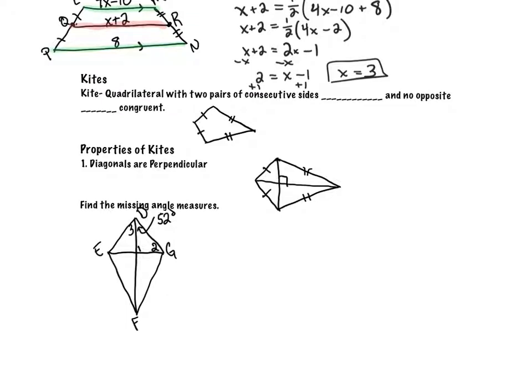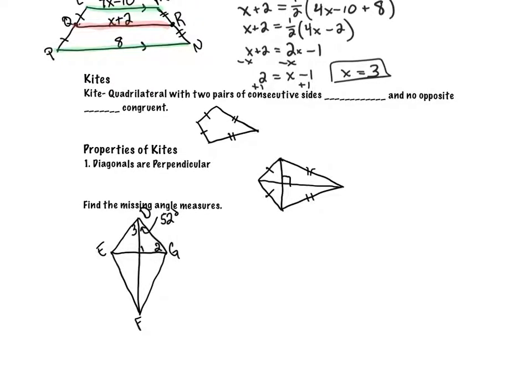All right, the last shape that we're going to look at is a kite. Kites have two pairs of consecutive sides that are congruent, and no opposite sides are congruent.